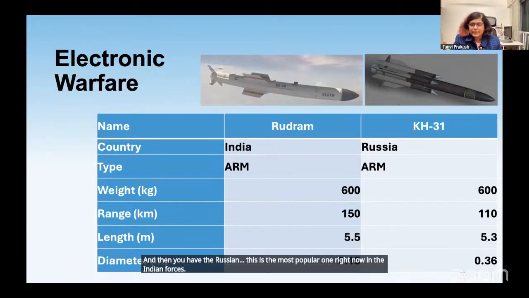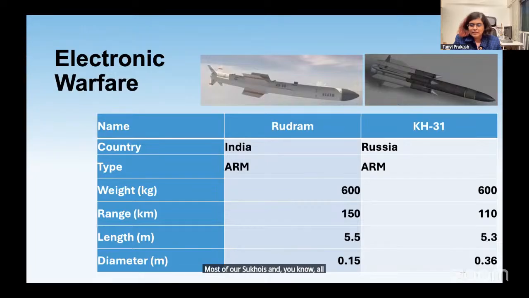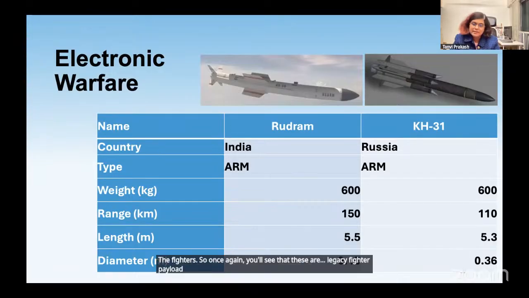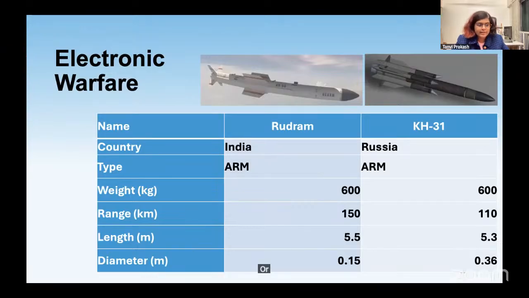Most of our Sukhois and all the other Russian stuff has this on board the fighters. So once again, you'll see that these are legacy fighter payloads. Actually, these weapons are used in the way a stealth fighter usually would fly, or a bomber or a strategic aircraft.